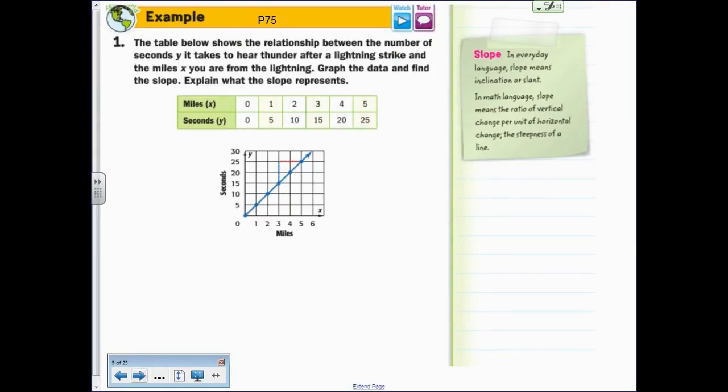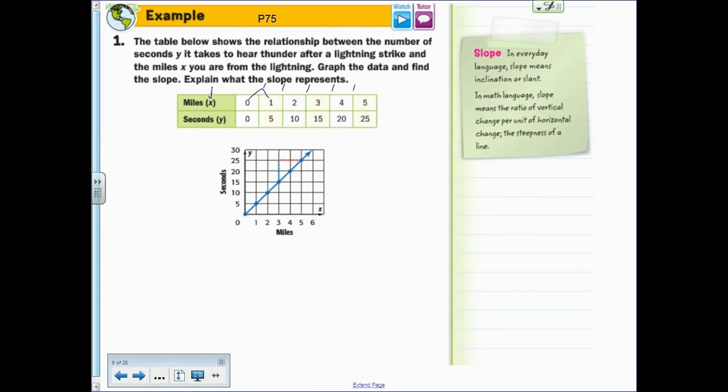So take a look at this. This is example 1 on page 75. There are 2 ways we can look at this problem. The first way is, what is the constant rate of change? Remember, we find constant rate of change by looking at the y and x numbers and asking how do they change. This goes up by 1s as we go 1, 2, 3, 4, 5. This is my x number.